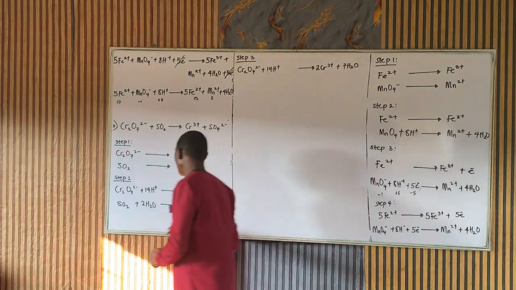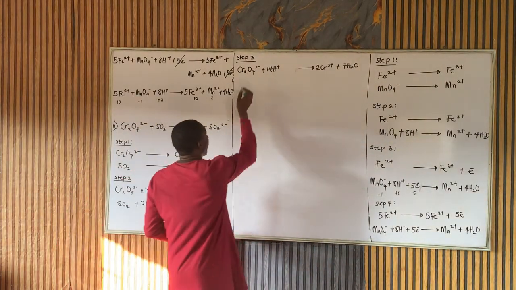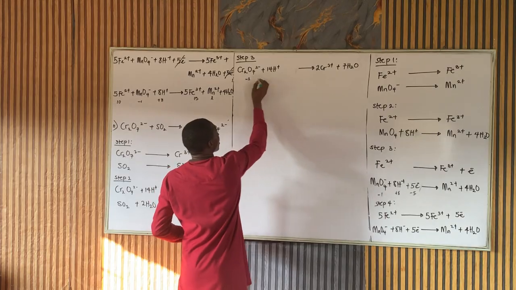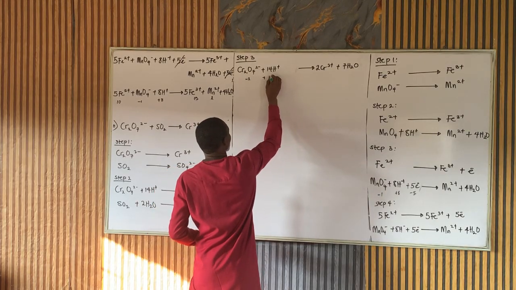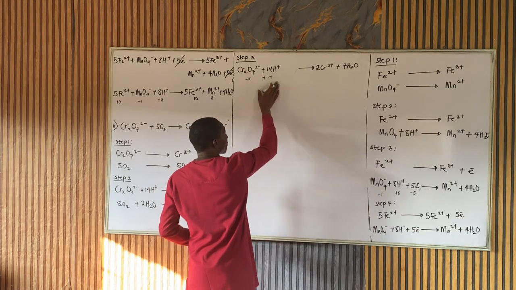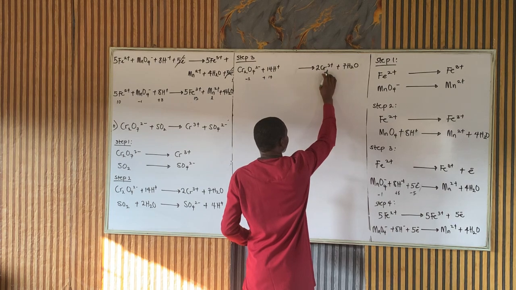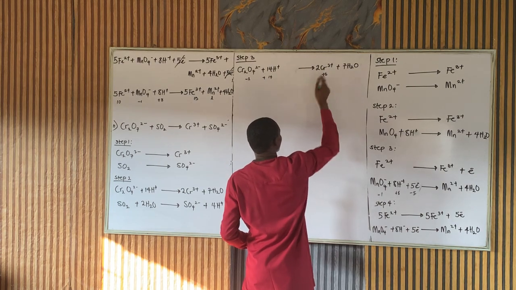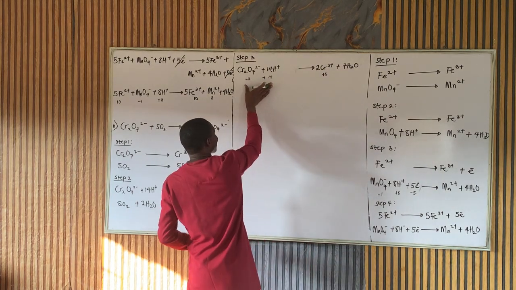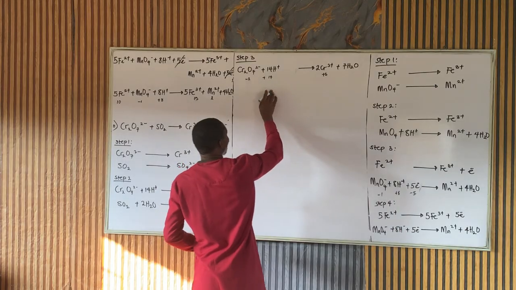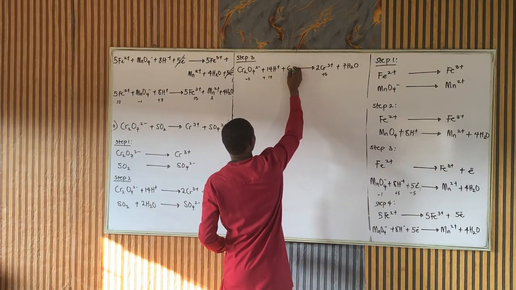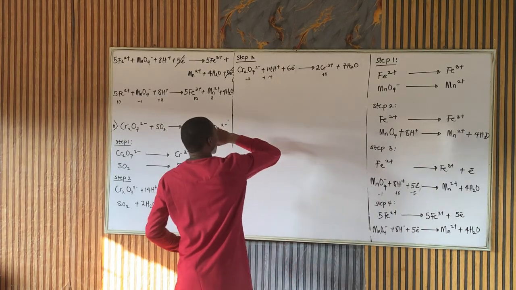Now I'm going to ask myself, already this is minus 2 and this is plus 14. And that will be plus 12. And here is just plus 6 because this is plus 3 times 2. And so you understand that I have to bring this 12 down to become 6. How many electrons do I need to do that? Plus 6 electrons. So that's that about this.